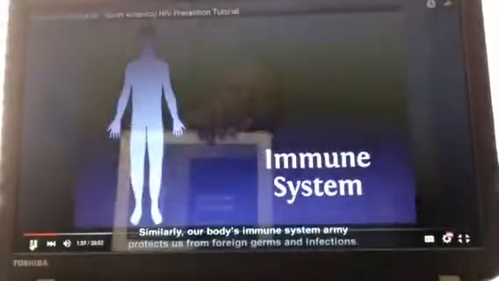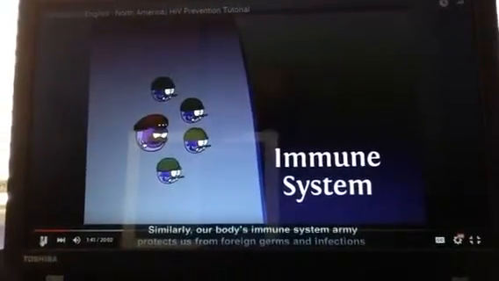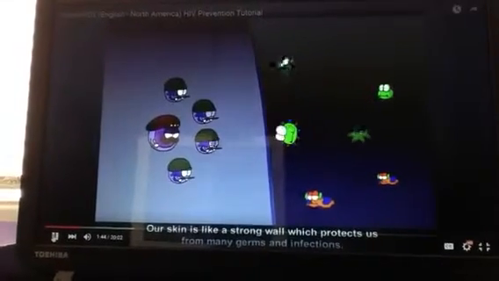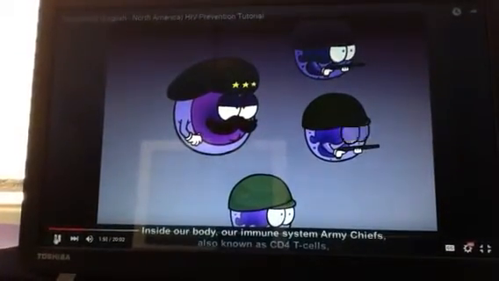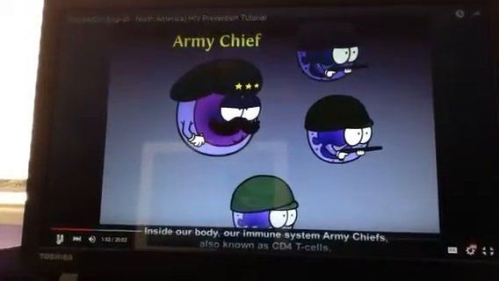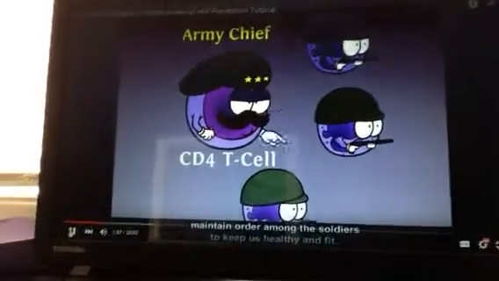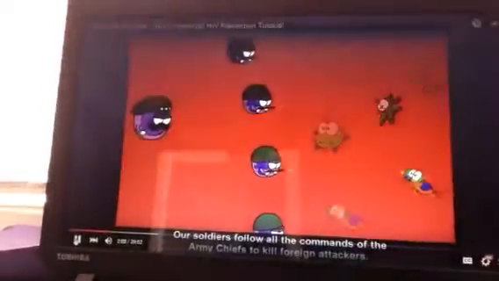Similarly, our body's immune system army protects us from foreign germs and infections. Our skin is like a strong wall which protects us from many germs and infections. Inside our body, our immune system army chiefs, also known as CD4 T cells, maintain order among the soldiers to keep us healthy and fit. Our soldiers follow all the commands of the army chiefs to kill.